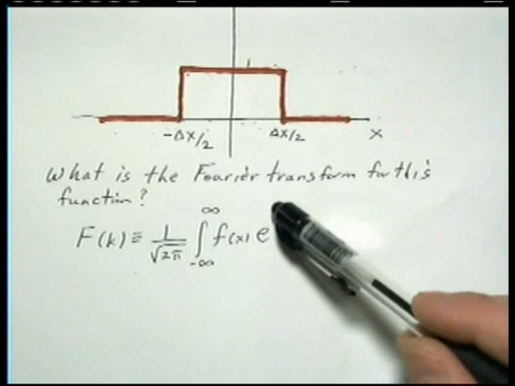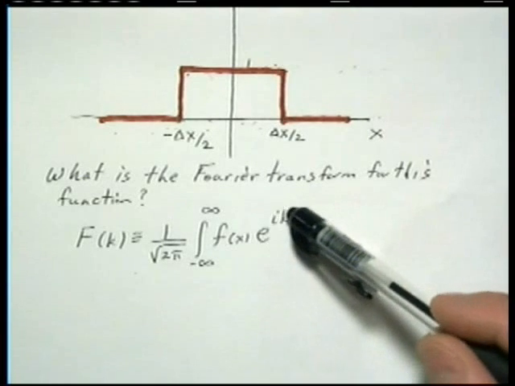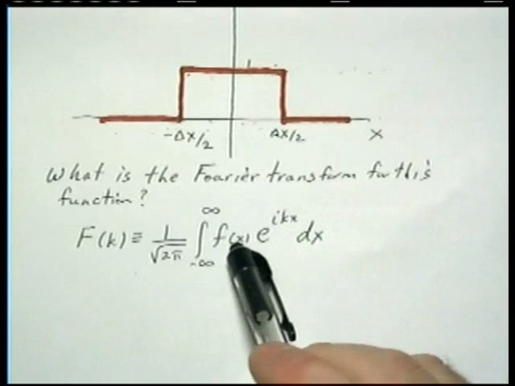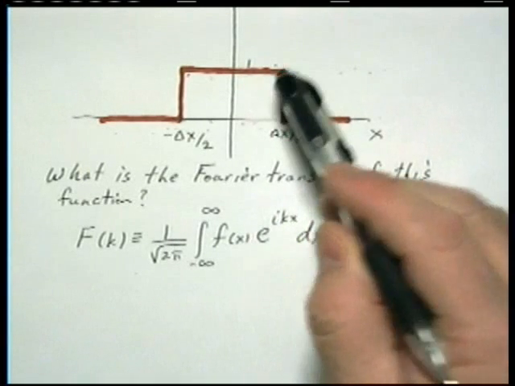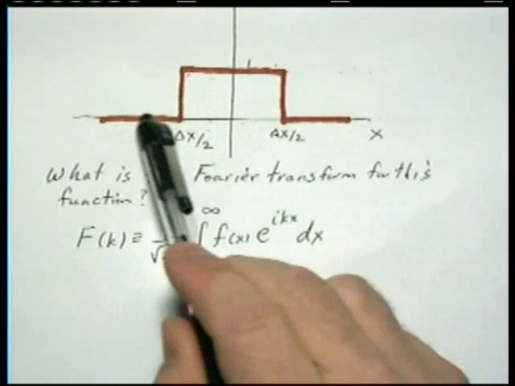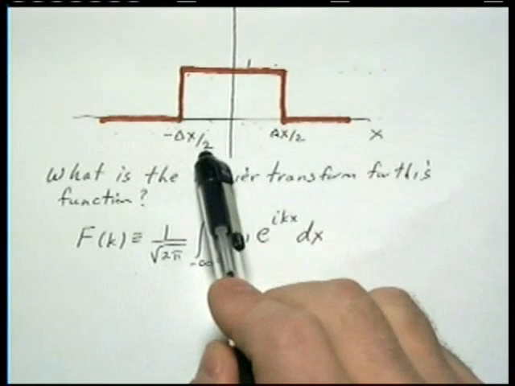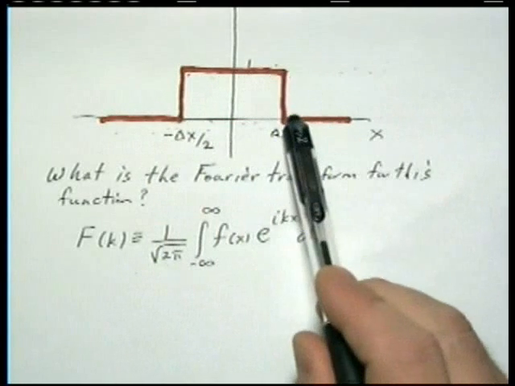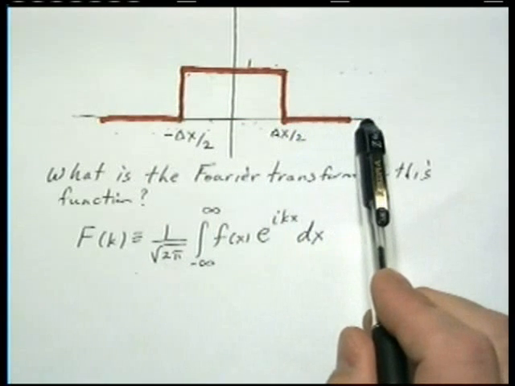So what I want to do is find out how many of these for different values are in those. I'm just going to put in the value of f of x here. So it's 0 until it gets to minus delta x over 2. Then it's 1. And then it's 0 after it goes past delta x over 2.